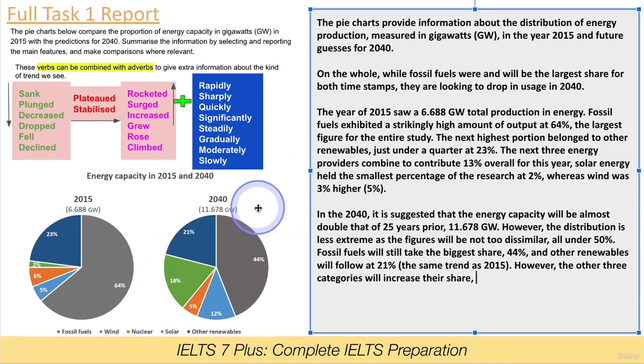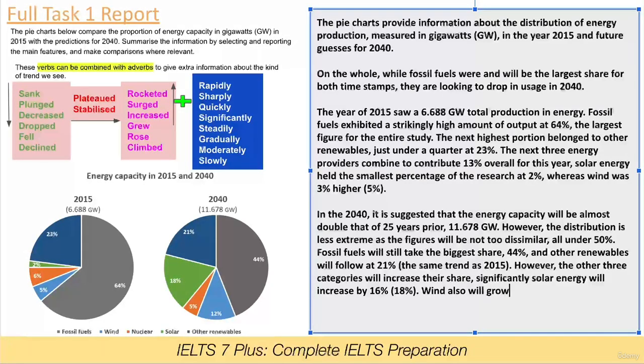Dramatically solar, wow. So significantly solar energy will increase by 16% to reach 18%. So that is dramatic there. Okay. Let's do another one as well. So wind is another one that increases. Wind also will grow, rising from 5% to an estimated 12%.